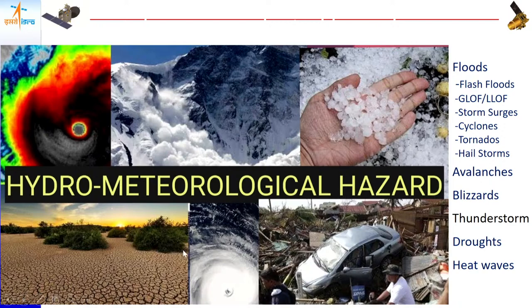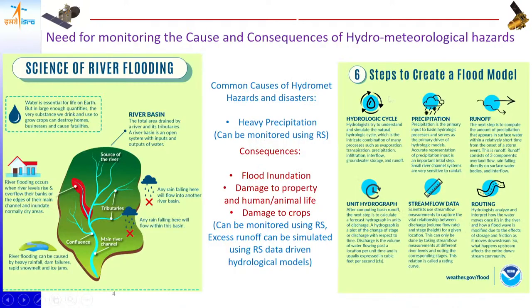And what are the techniques using remote sensing and modeling which help us to monitor such extreme events, either excess or the scarcity of these water sources. Just as an example, I have chosen the flooding example. There is a science of the flood model, which gives us an idea how we can create the flood model.